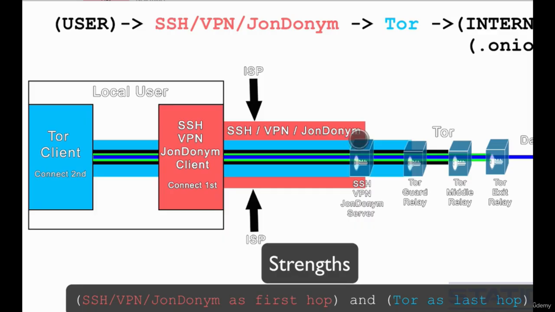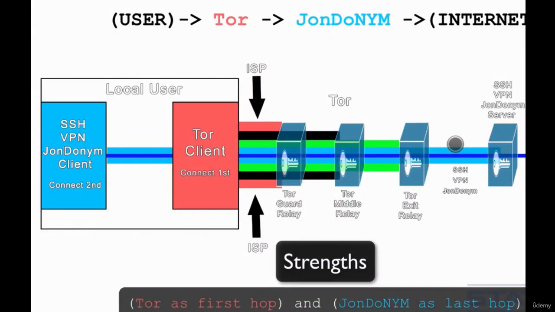In this process the user goes to TLS by the use of VPN SSH or JonDonym and finally Tor, then internet .onion, and VPN as first hop here and Tor as last hop.